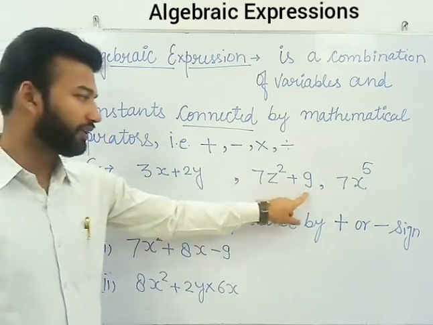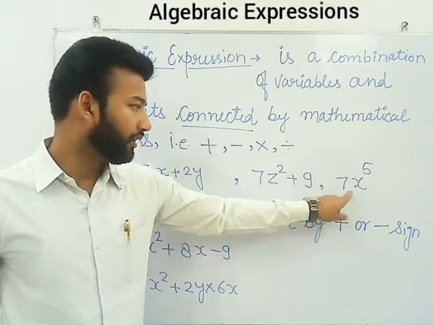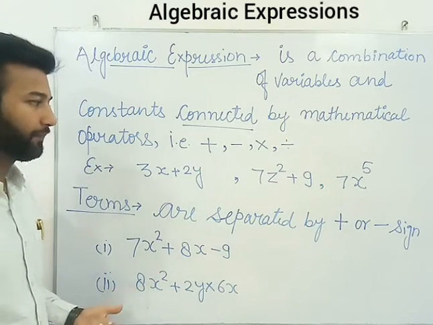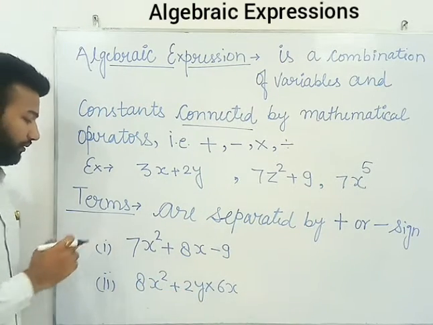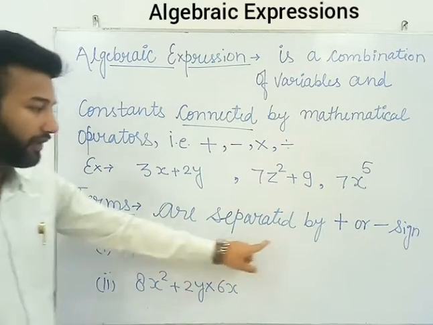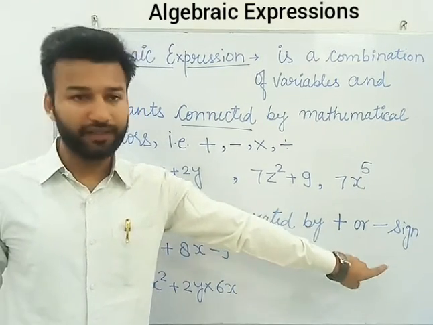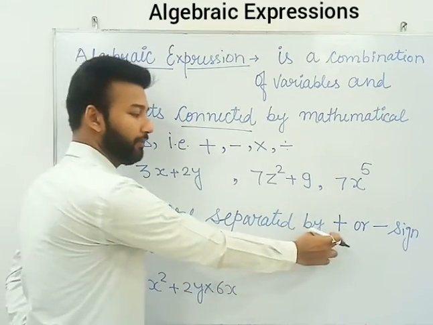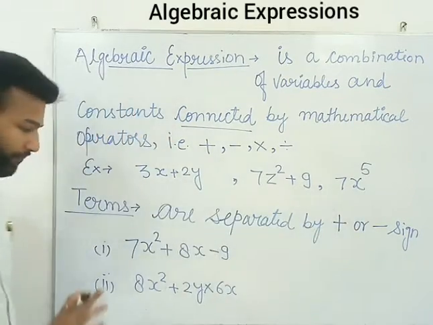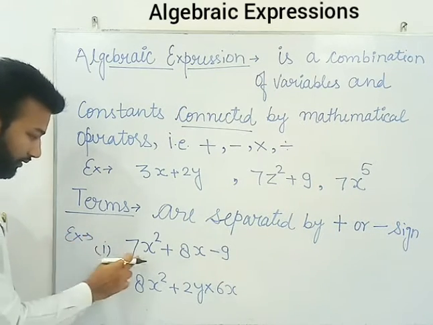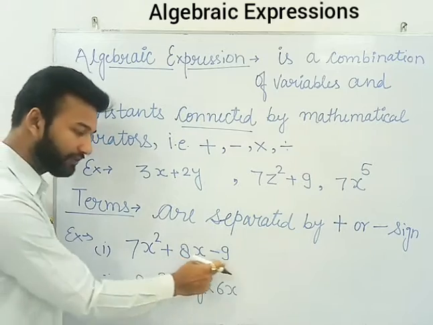This is also an example of an algebraic expression, and 7x to the power 5 is also an example of an algebraic expression. Now what are terms? Terms are separated by only plus or minus signs. Remember it. See the first example: 7x square plus 8x minus 9.